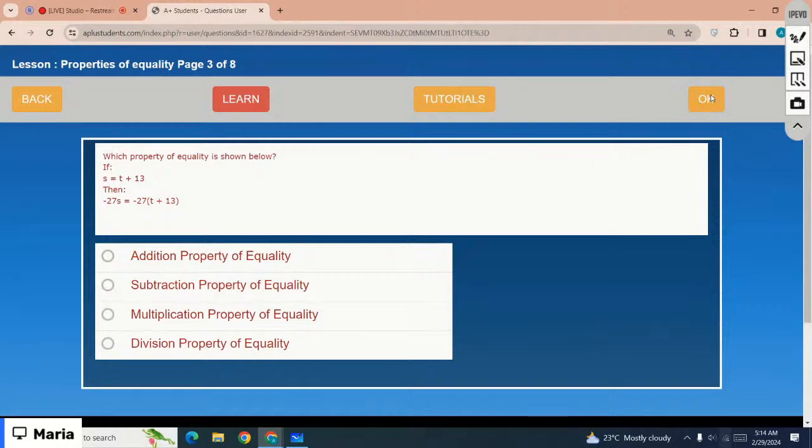Which property of equality is shown below? S equals t plus 13, then negative 27 S equals negative 27 times t plus 13.